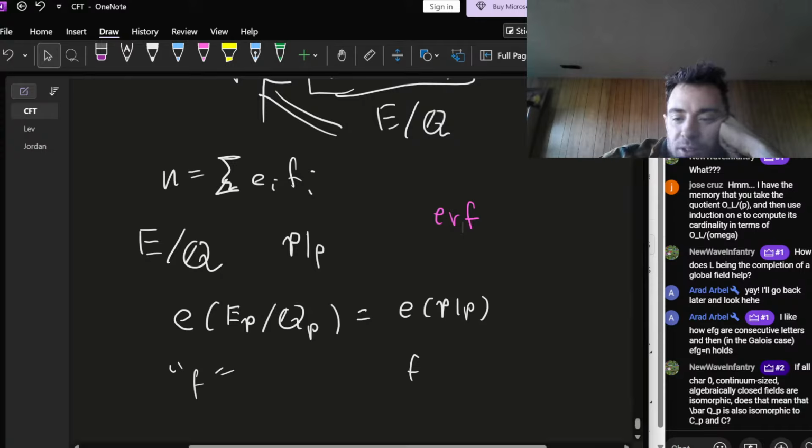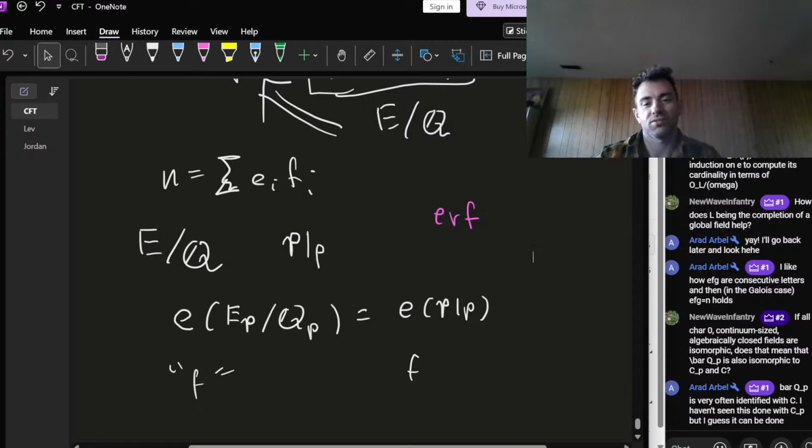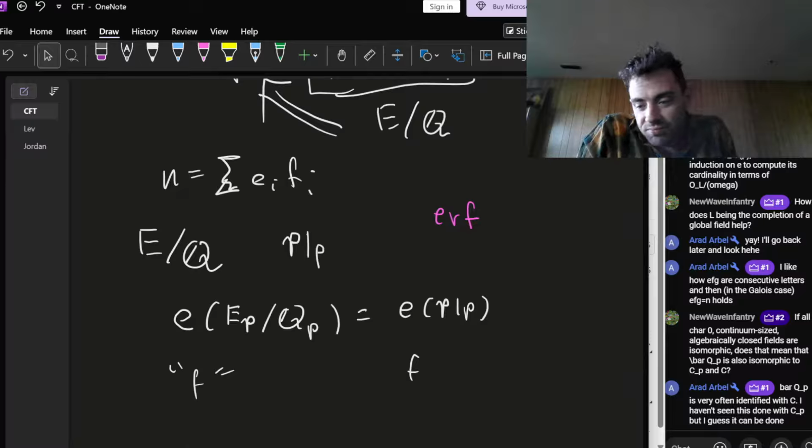If all characteristic zero continuum-sized algebraically closed fields are isomorphic, does that mean that Q_p bar is also isomorphic to C_p and C? Yes. Yep. And in fact, there are even papers that say something like, choose an isomorphism of Q_p bar with C, and then do some stuff. Absolutely, this happens.